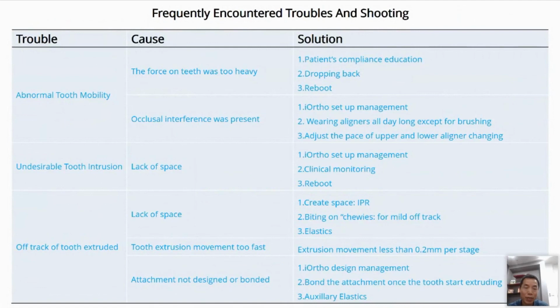Also we can use auxiliary elastics to get the tooth back on track. For tooth extrusion moving too fast, we ask the technician to slow down the movement of the teeth.